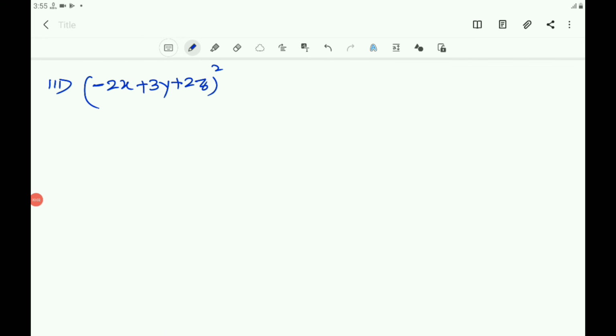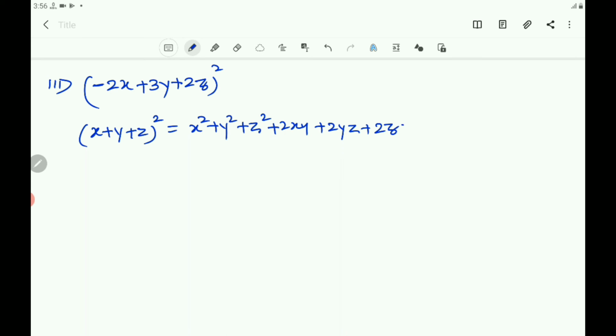Write the identity (x + y + z)² = x² + y² + z² + 2xy + 2yz + 2zx, and in the place of x, −2x is there, in the place of y, 3y is there, in the place of z, 2z is there.